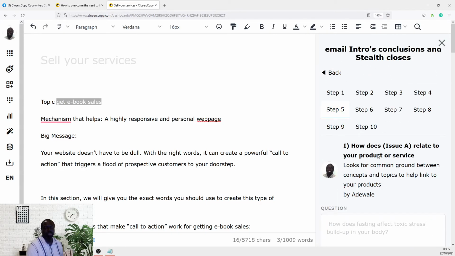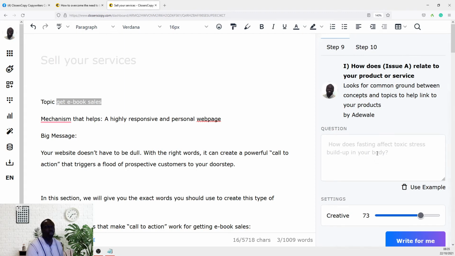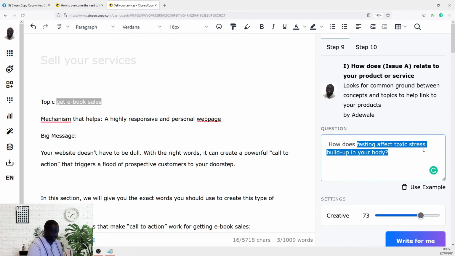Now sometimes when you try to figure out how something can link to another thing, so how does getting over depression help me with more book sales? Let me just see if that will work.